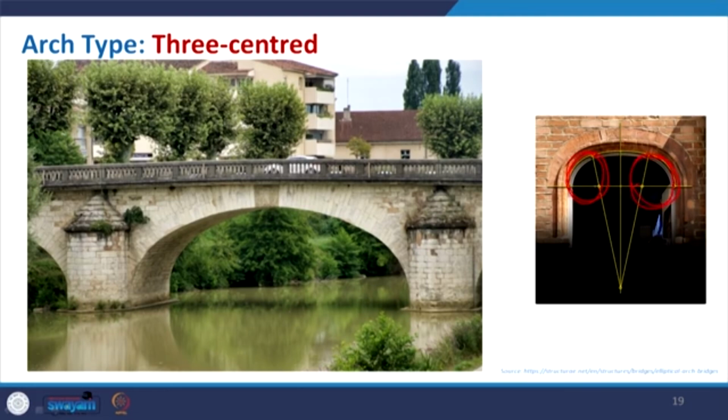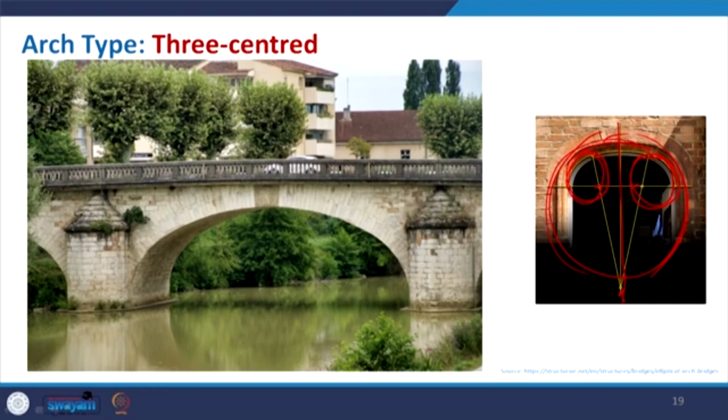So, two points, and then you have your connection with the same perpendicular line, and you have a bigger circle. So, in this case the arch is controlled by three points, and that is why it is called three centered arch, and here you can see the example of this.